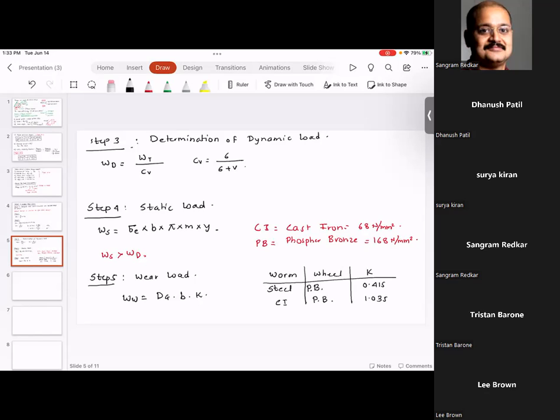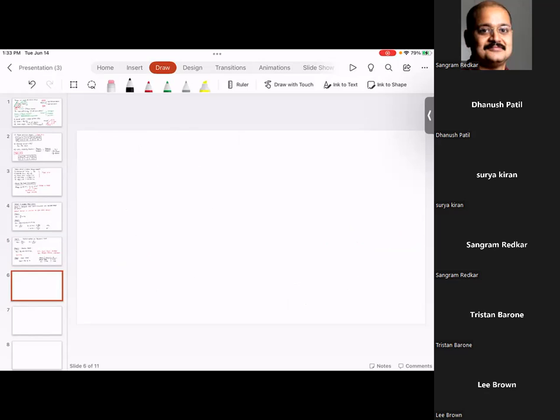And next, step 6, is heat dissipation. We find the heat that is generated, and that is 1 minus efficiency multiplied by P. The efficiency for a particular type of worm wheel you can look up in the table, or there will be a chart that shows typical values of efficiencies.